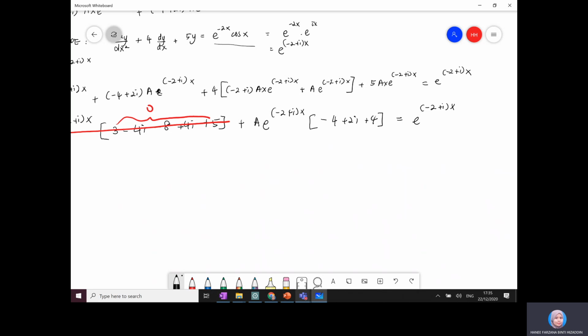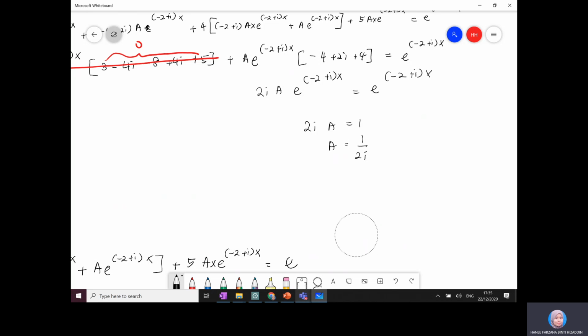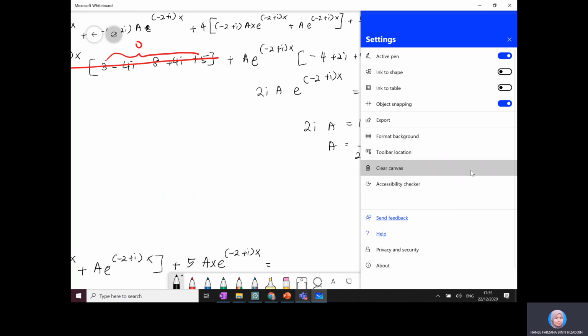And then you want to compare the coefficients. So 4 minus 4 is 0, so 2i A e^((-2+i)x) equals e^((-2+i)x). So you can compare to get 2iA = 1, so A equals 1 over 2i.